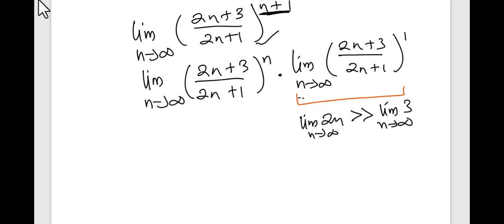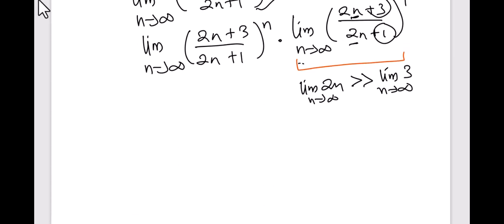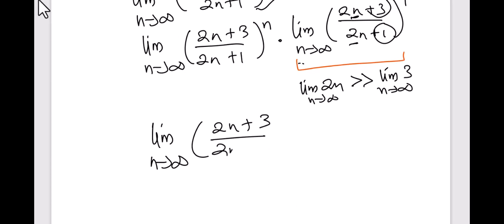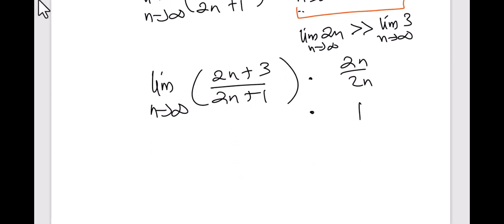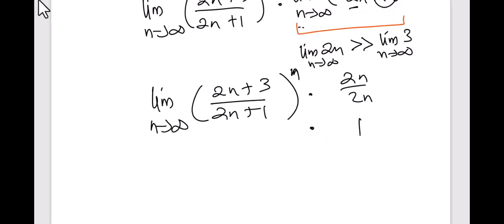So with this concept, you can just ignore the constants and take the 2n and the 2n. We will now have the limit as n goes to infinity of (2n + 3)/(2n + 1), and that will just be 2n over 2n, which is 1. So as n goes to infinity, that limit is just 1. So this one times 1, and the other is power n.